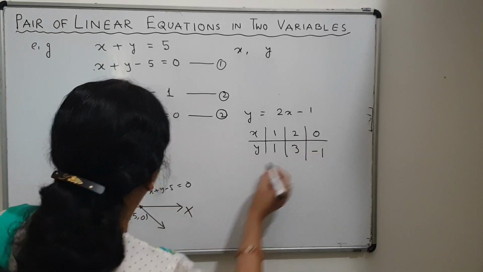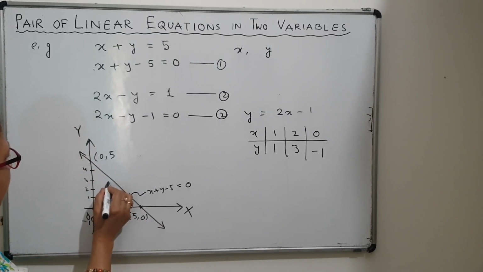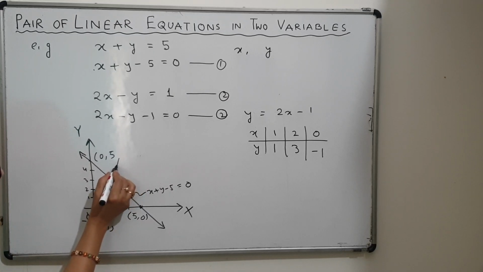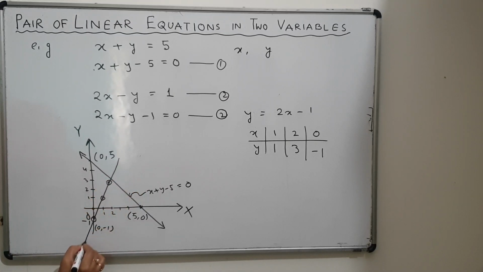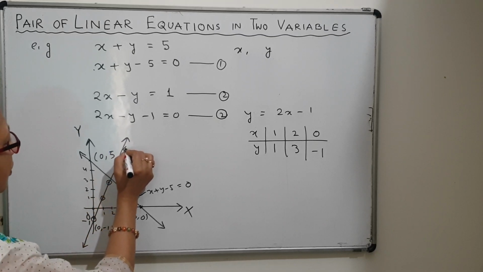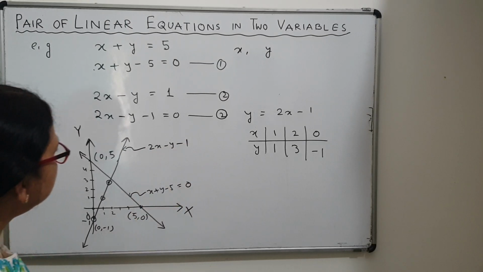And lastly (2, 3), it will be here. So if I join these, I will be getting the graph of the second equation, twice x minus y minus 1.